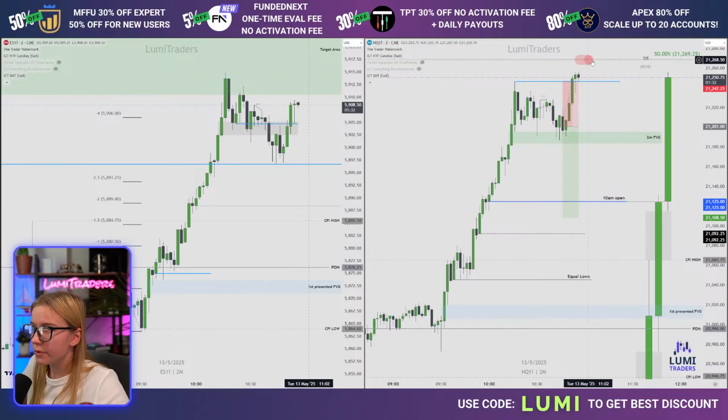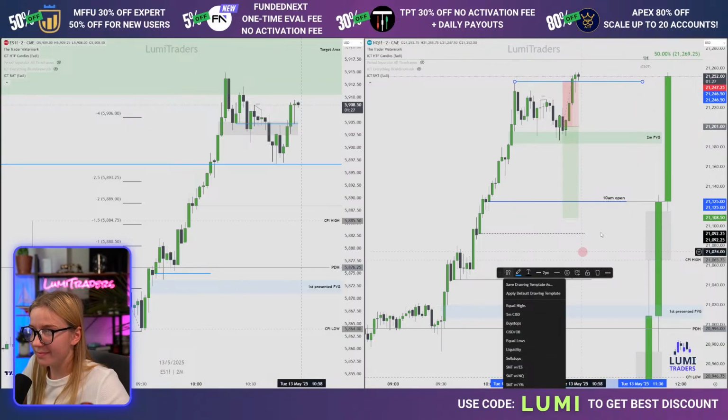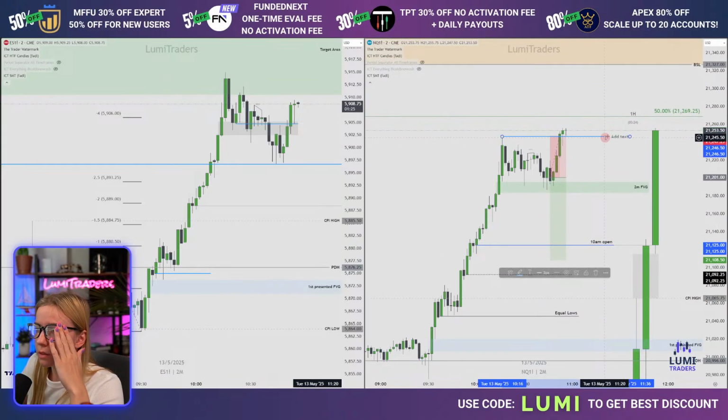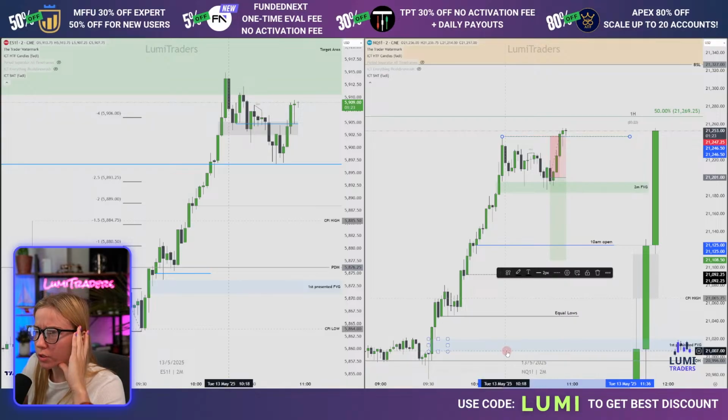So we almost touched 50% of the daily wick. Oops. Liquidity.